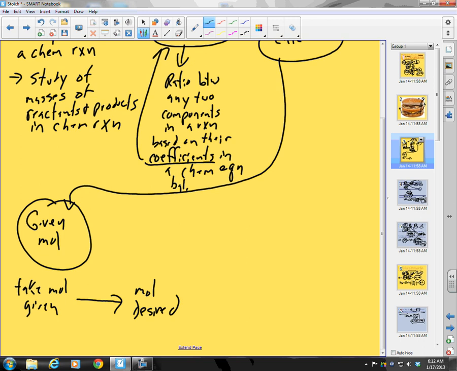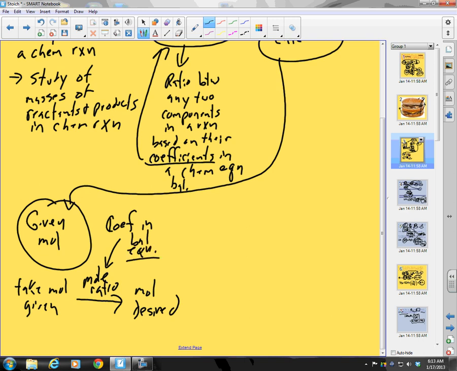How are we going to get there? We're going to use the mole ratio between them. And that mole ratio comes from the coefficients in the balanced equation. That's what we did last time.